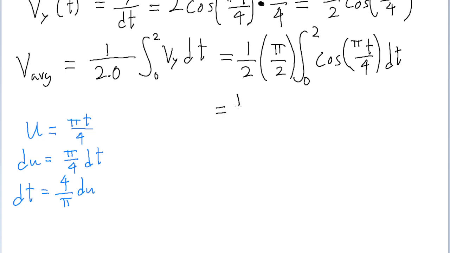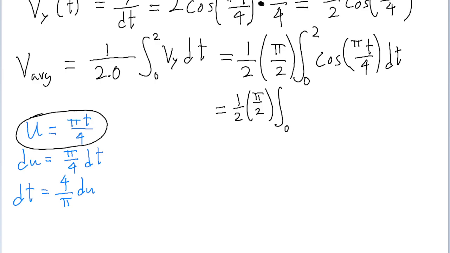So our integral becomes 1/2 multiplied by pi over 2, multiplied by the integral, and we're going to want to convert the bounds into u's as well. Putting 0 in for t, we get 0. Putting in 2 as our upper bound for t, we get pi over 2.